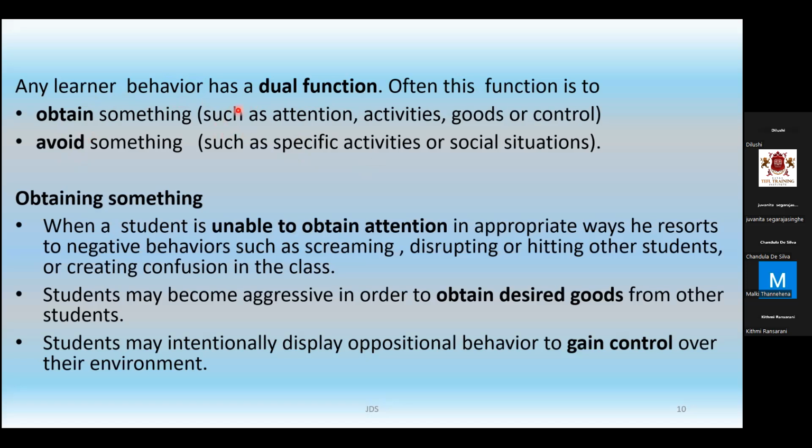It can be wanting to learn a particular topic or just trying to hide themselves or do away with that particular topic, so as to avoid learning certain things. Mostly it's due to this dual function that people tend to behave in a particular manner.